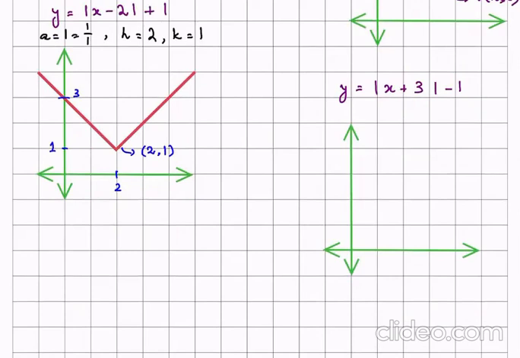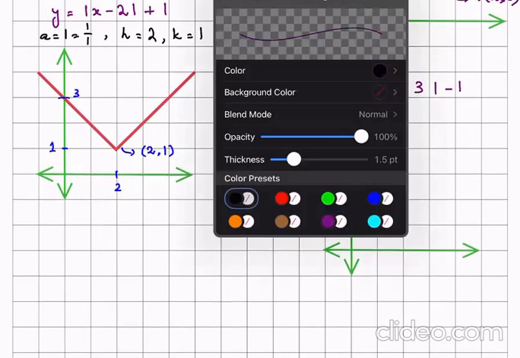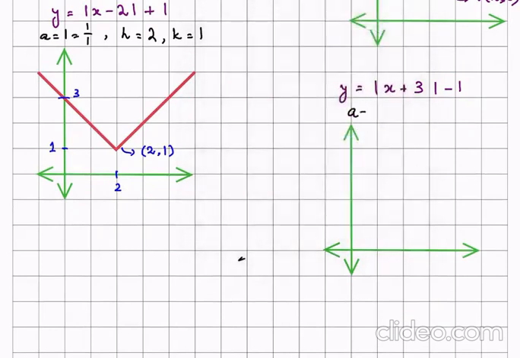So now I might ask what is a here, what is h here, what is k here. So a here is 1, which means 1 upon 1. So the value of h is -3 and the value of k is -1. So it means where is my vertex point? It is at -3 and -1.